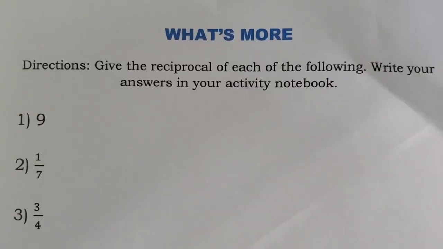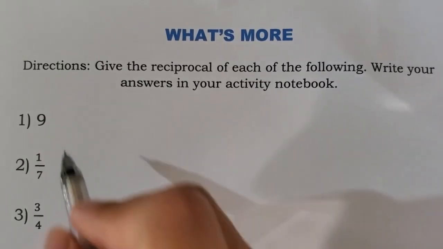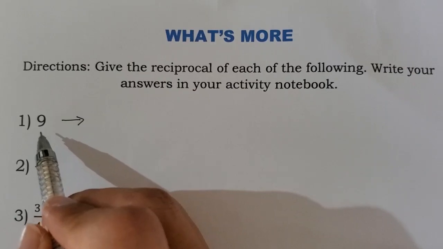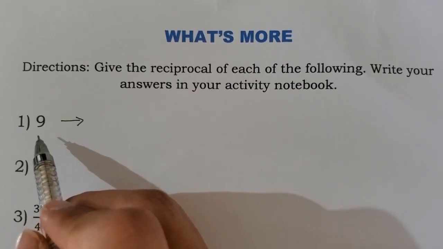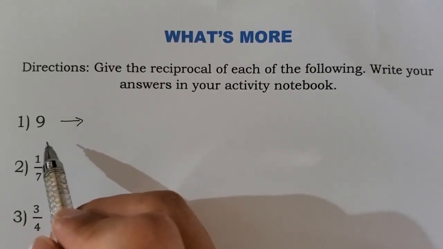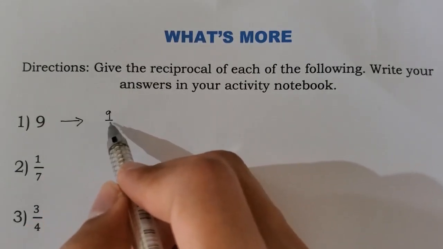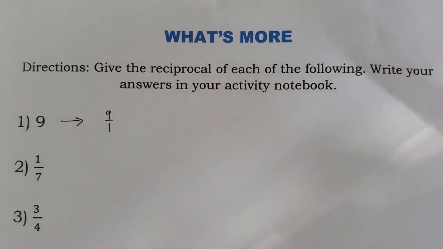Let us now try to answer your activity. The reciprocal of 9, of course, always remember that we have to make the numerator as our denominator and the denominator as our numerator. So 9 here is also equal to 9 over 1, because always remember that all whole numbers have a denominator of 1.